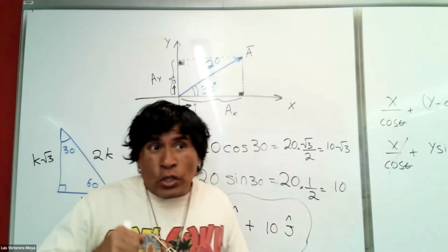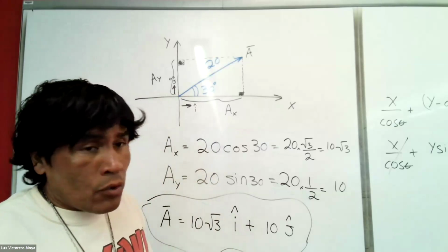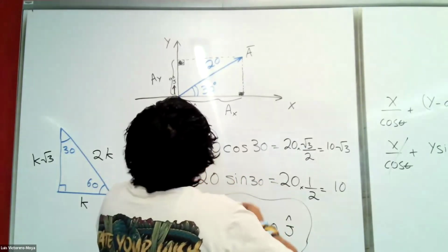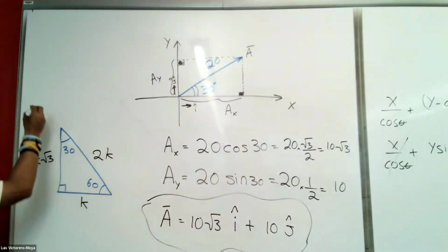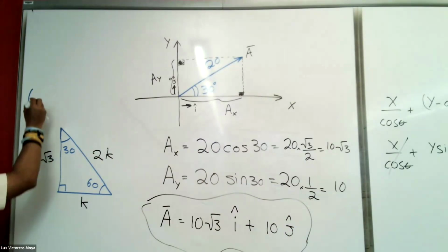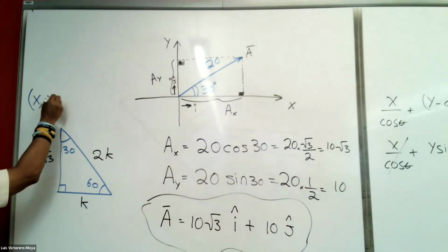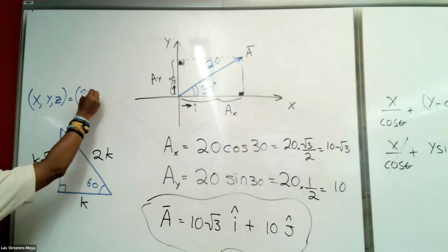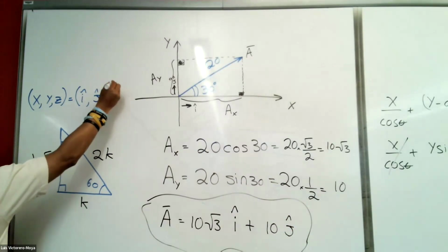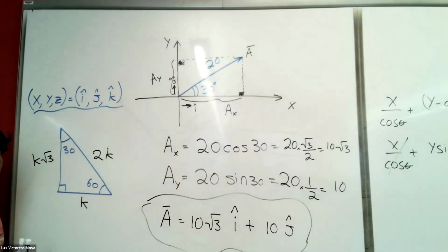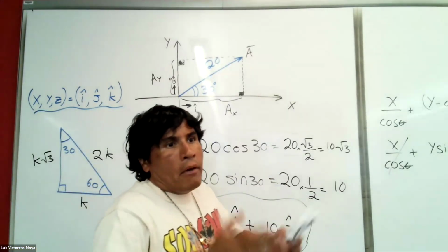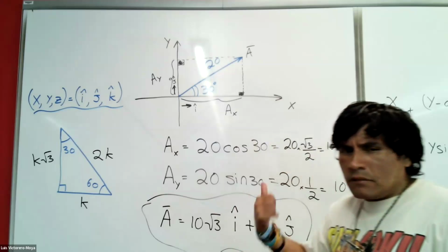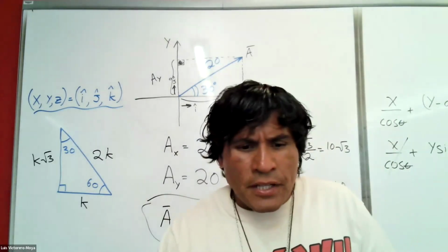Now, if you include the Z-axis, the third dimension, that would be your k. So X, Y, Z are basically your i, j, k. And you're going to find in this course electric fields and magnetic fields in 3 dimensions. So that's basically what you have to do for that section.